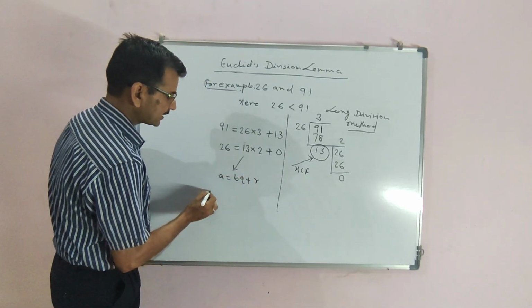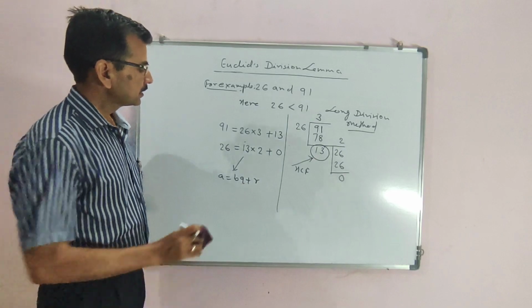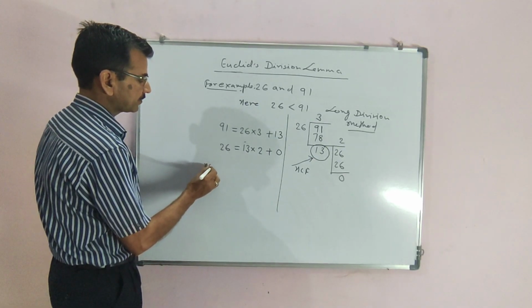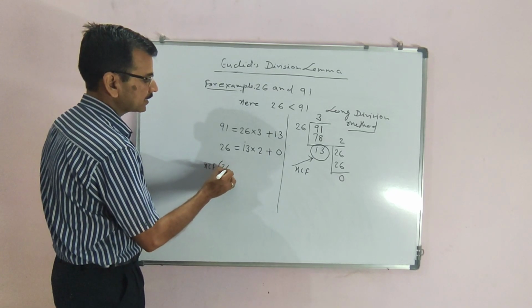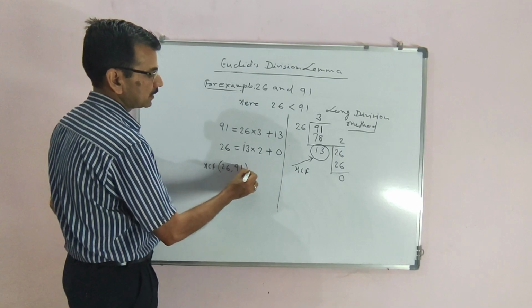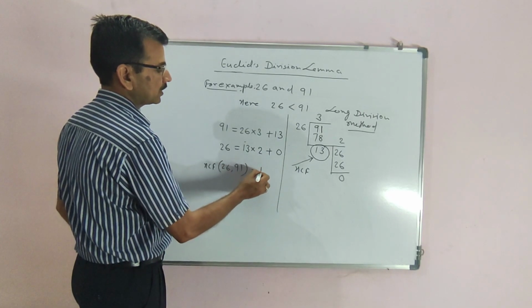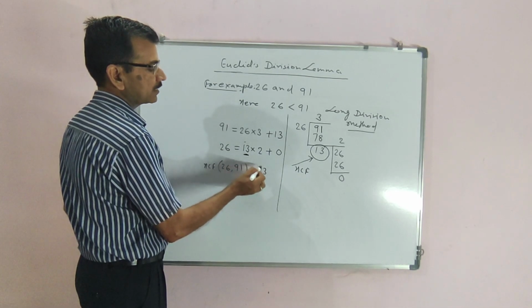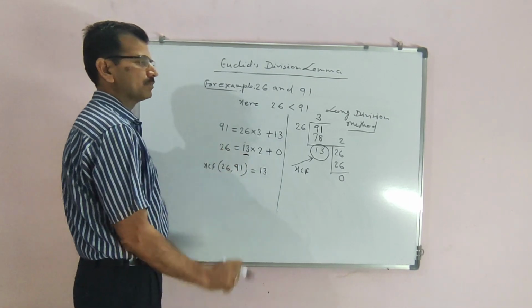So the HCF of 26 and 91 is equal to 13. This is the last divisor, and that we can say is the HCF.